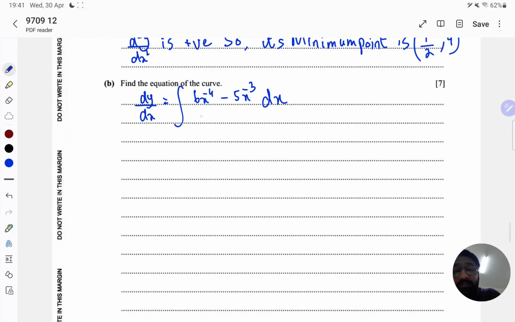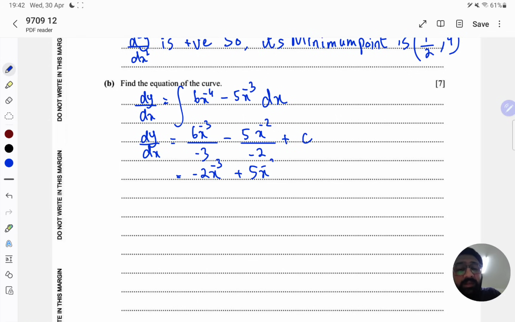So we integrate: 6x^(-4+1), which is -3, divided by -3, minus 5x^-2 divided by -2. And remember, we have to put the constant c because we are not putting any limits. If I simplify, it will be -2x^-3 + 5/2 x^-2 + c.